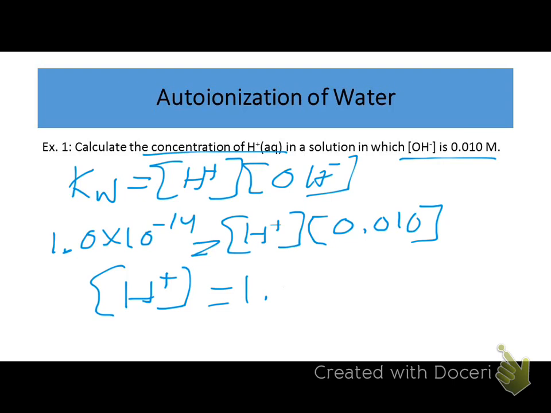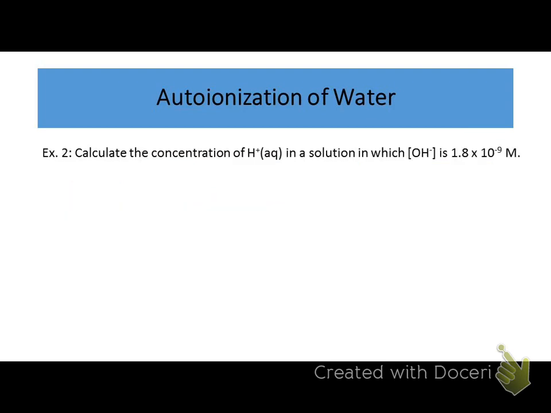1.0 times 10 to the minus 12 molar should be the H plus concentration. And again, we can do that using this equilibrium expression, okay? So here's another problem. One more problem. So Kw is equal to 1.0 times 10 to the minus 14. We know that.